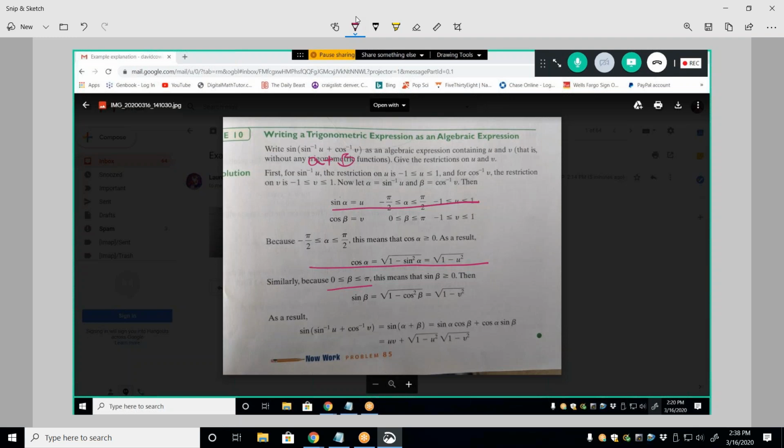So the sine of beta is always greater than 0. So it gives you that answer. And then this would be just applying the sum and difference formula for sine to get that. And then that whole thing gets translated to u. u is sine of alpha cosine of beta, or uv is. And then that's cosine of alpha sine of beta.